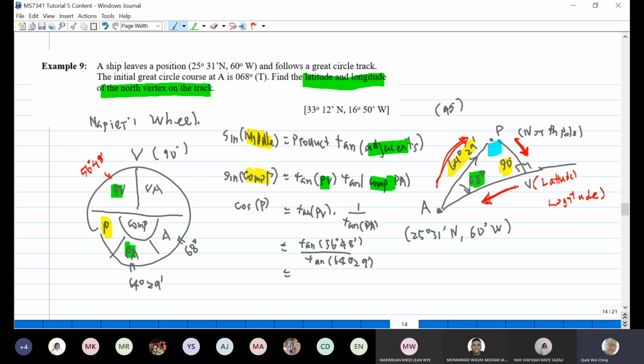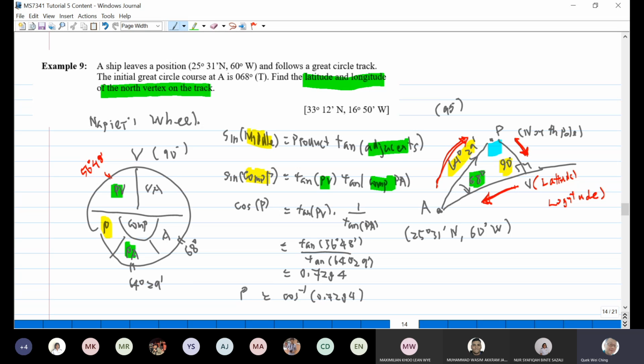It gives 0.7294. So angle P is cosine inverse of 0.7294.